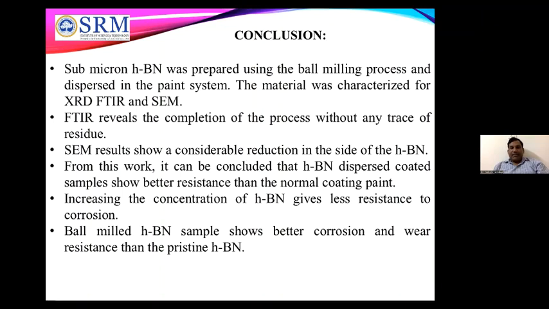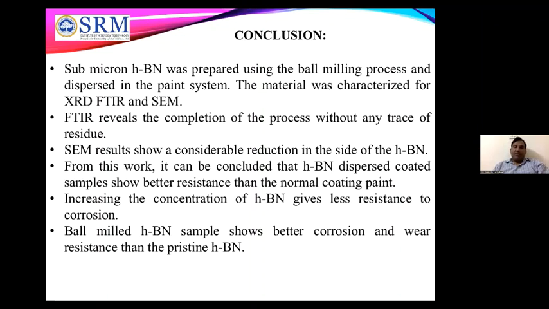So these are the conclusions. We made the nano powders using the ball milling process, and we characterized those nanoparticles using XRD, FTIR, and SEM. SEM is used to check the shape and size of the powder. XRD and FTIR are used to check their properties, whether any crystalline formation or any bond is formed after ball milling.